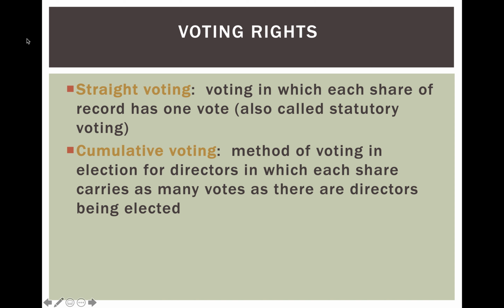Typically, cumulative voting is only for board of directors, not other matters that the corporation engages in. And this is generally provided for either in a state statute or it will be set forth in the Articles of Incorporation.